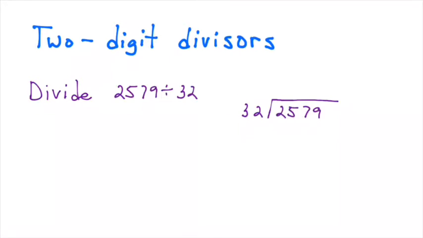So all we're going to think about is how many times will 3 go into 25, because that is small enough that I can figure it out without doing a lot of work. 3 times 8 is 24. So we feel really good about saying that 3 will go into 25 8 times, and therefore it's a reasonable guess that 32 will go into 257 8 times.